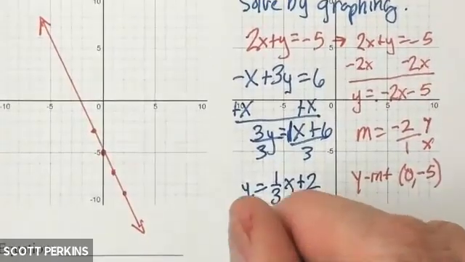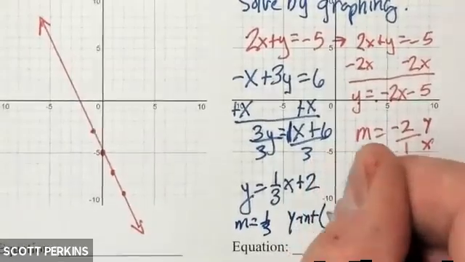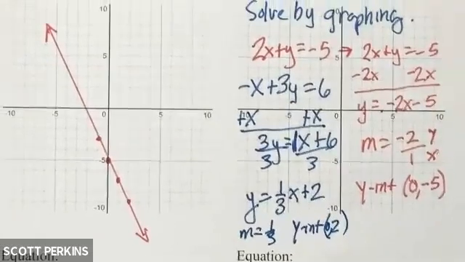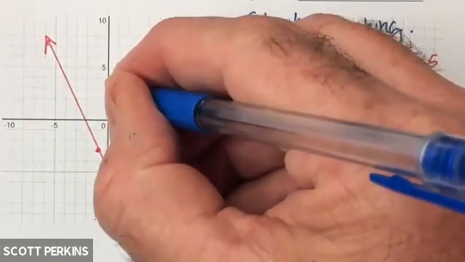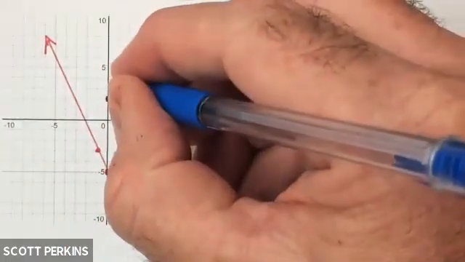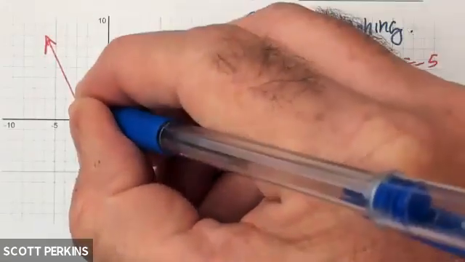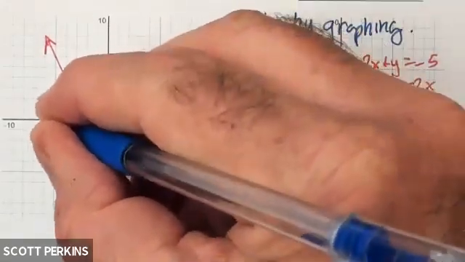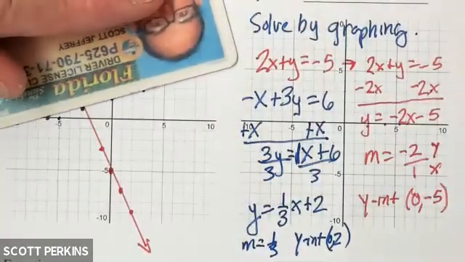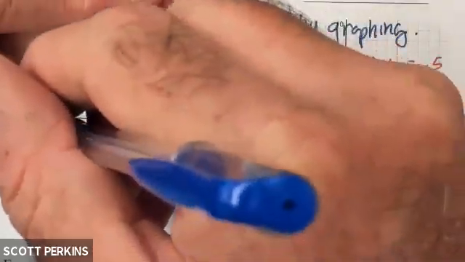So the slope of this line right here is 1/3, and the y-intercept is equal to 2. So I'm going to plot the y-intercept of 2 right there. And then my slope is 1 over 3. So that is up 1 over 3, up 1 over 3, or down 1, back 3, down 1, back 3. Either way, and I will connect these dots.